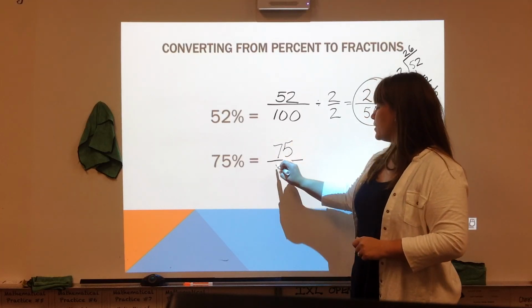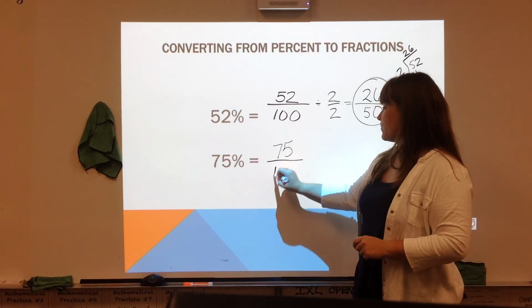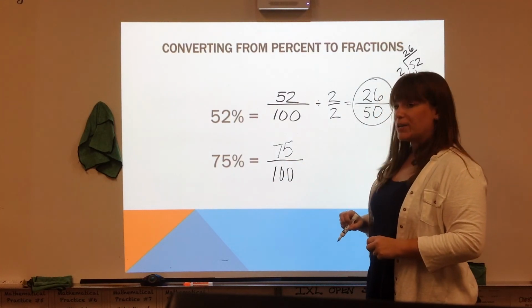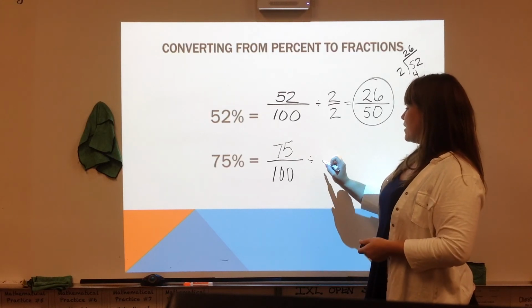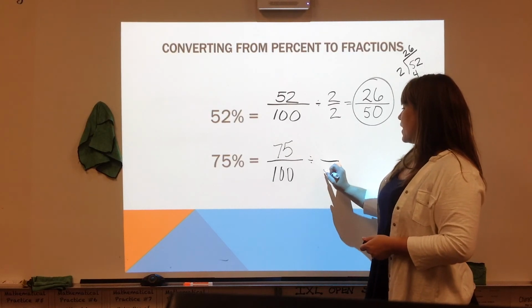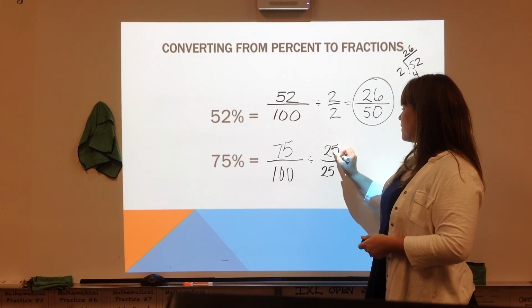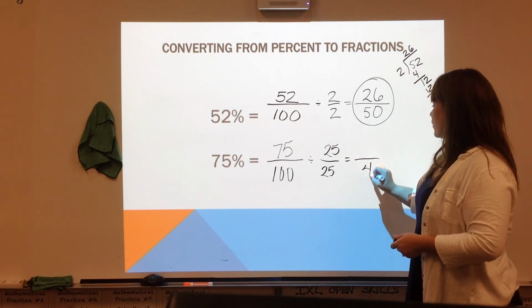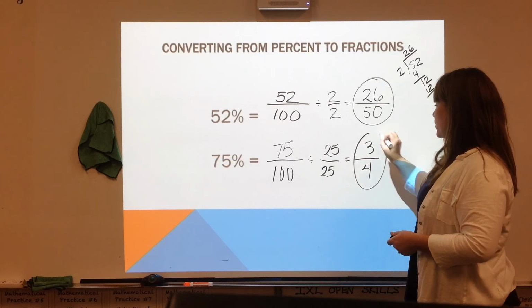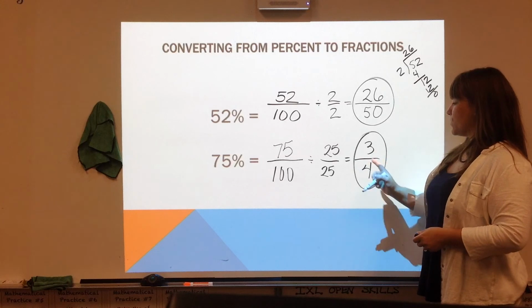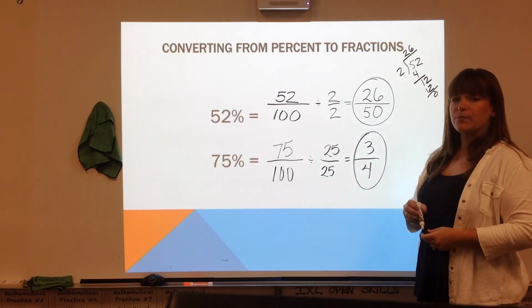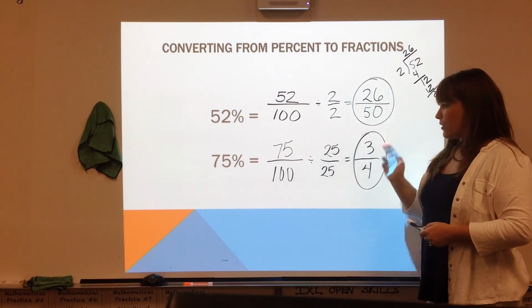And we have 75 in the numerator, 100 in the denominator. That is actually going to be simplified down. If we divide it by 25 over 25, that actually is going to be the fraction 3/4. 3 times 25 is 75, 4 times 25 is 100, or if you're dividing, going the other way.